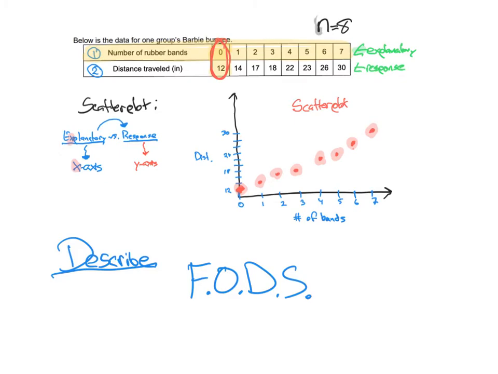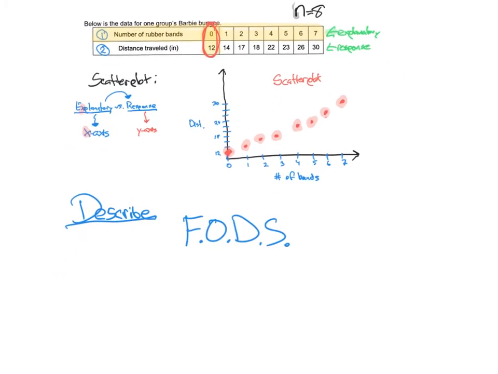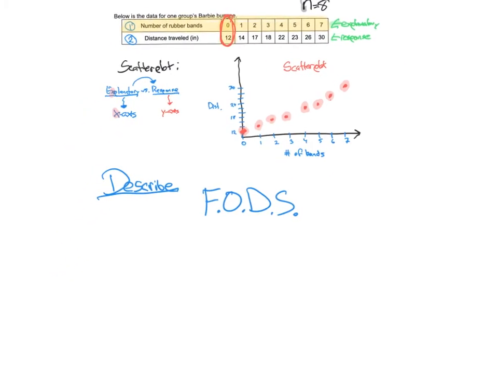Anyway, I'm going to call it FODS. Here's what we're looking for on your scatter plot. FODS is your description: F for form, O for outliers, D for direction, and S for strength. Form, outliers, direction, strength.